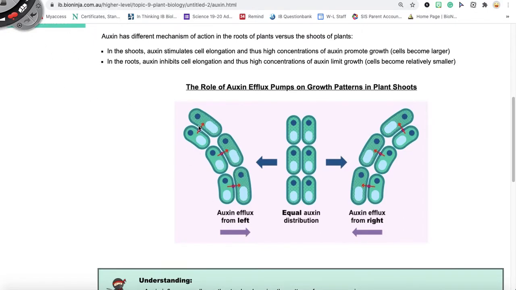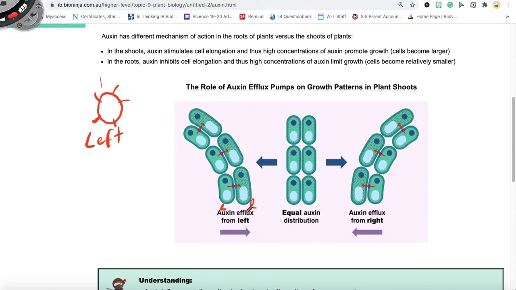if this plant was next to a light source that happened to be on the left side of the plant, then the auxin efflux pumps were going to pump auxin from the left side of the cells to the right side of the cells.